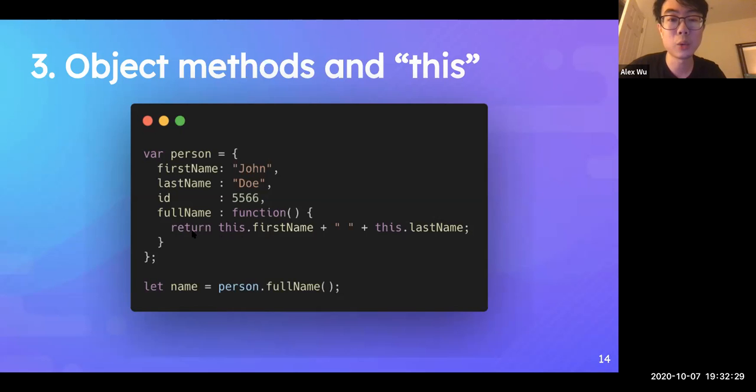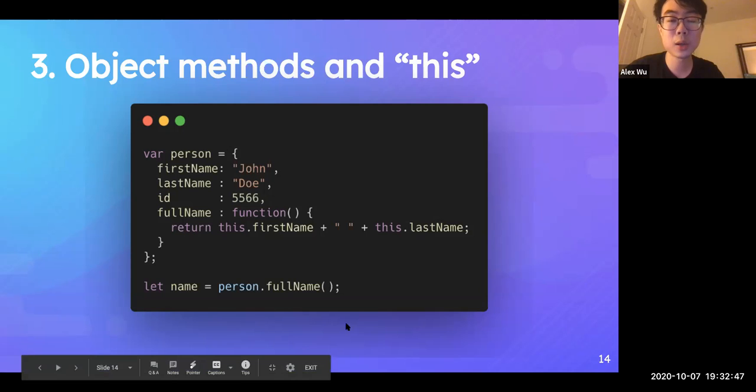Here it will return John plus Doe, and if we access the full name through person dot full name, and we call the function, this will return us the full name. So yeah. Are there any questions for object methods?